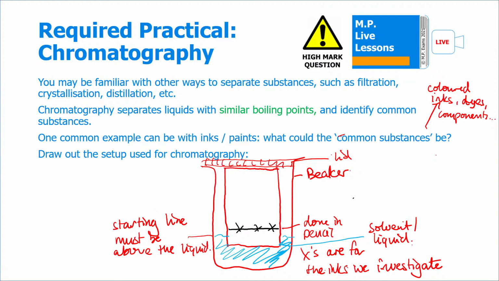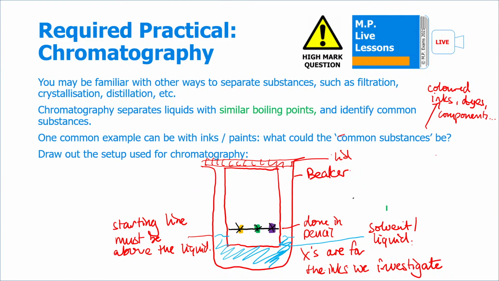Now, what happens after this is that, let's say we put some inks on, like some highlighter inks. I'm going to go for, let's say, some orange, some green as well, and some of this purple here.